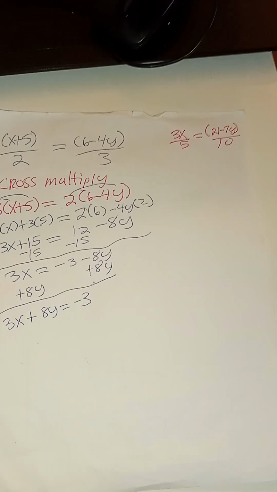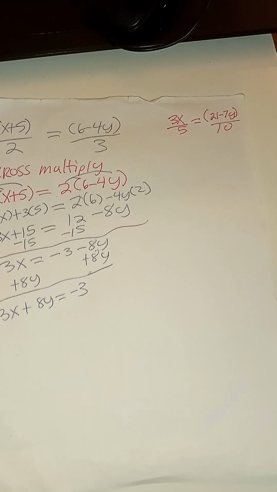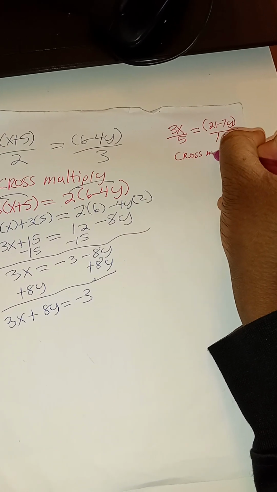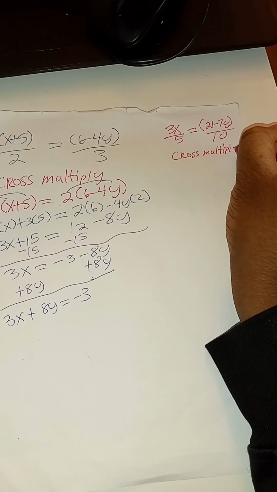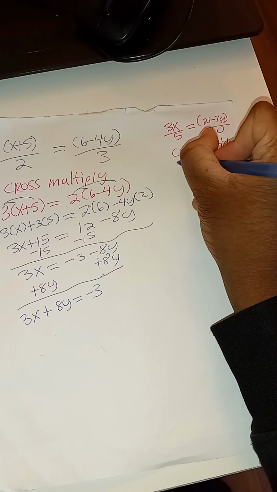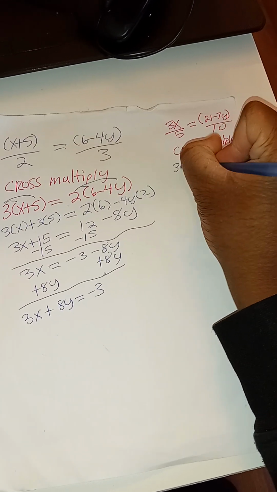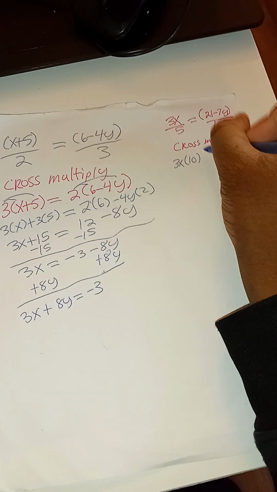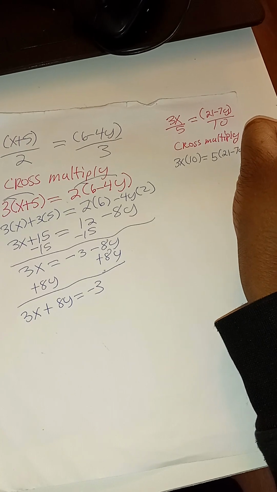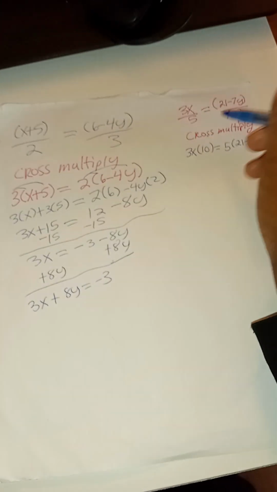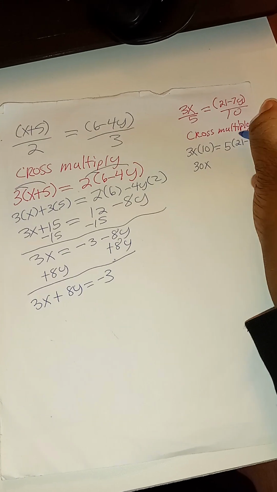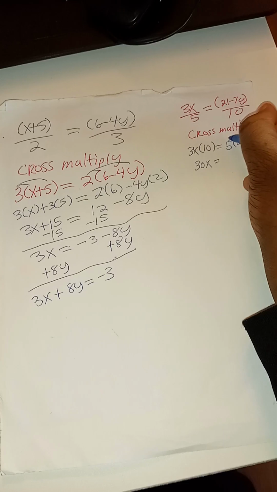So now we need to cross multiply. So this will become 3x times 10 is equal to 5 times (21 minus 7y). So 3x times 10 is 30x. And then we need to distribute on the right-hand side of the equation.